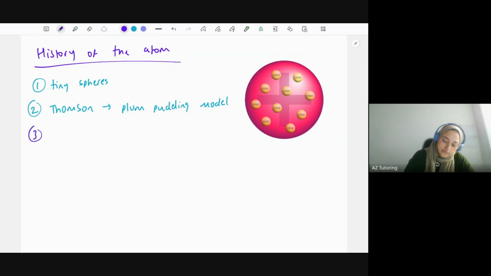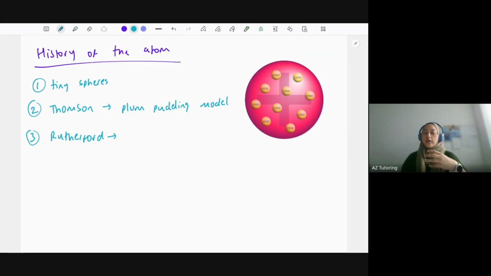Rutherford then came along. So the other scientist, Rutherford, he came along and he said that the plum pudding model is wrong. And the way he proved that it's wrong is he did the alpha particle scattering experiment.